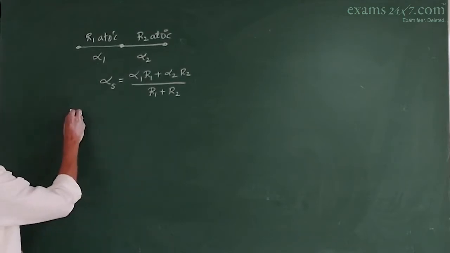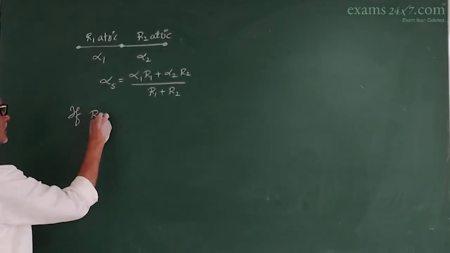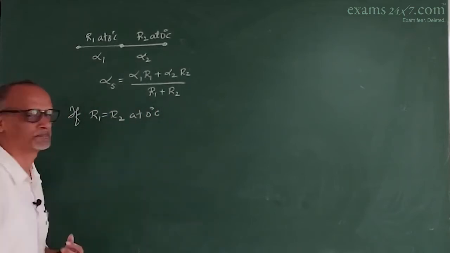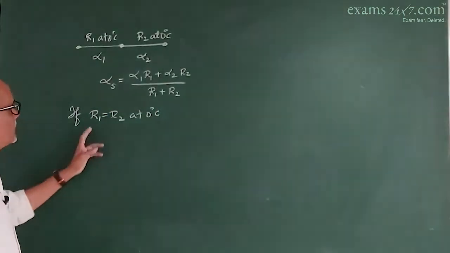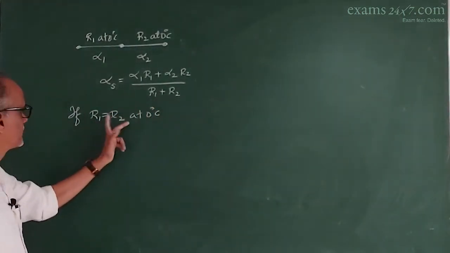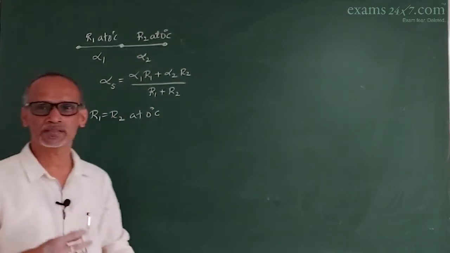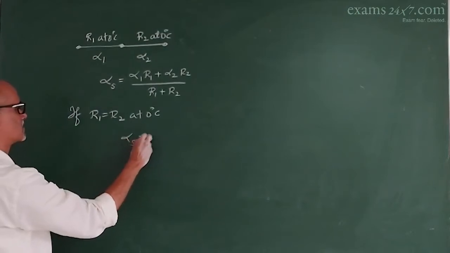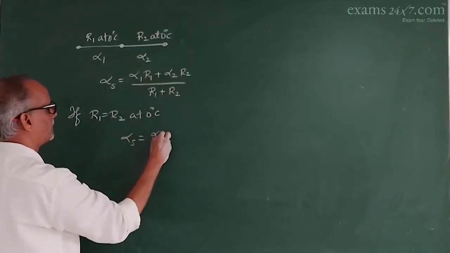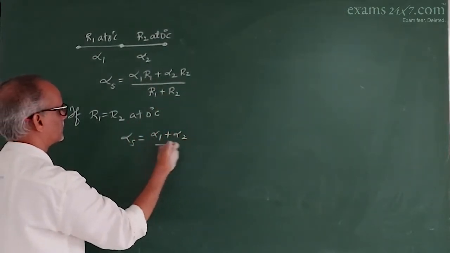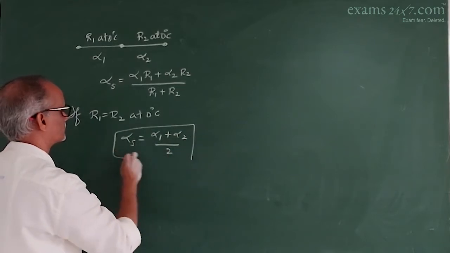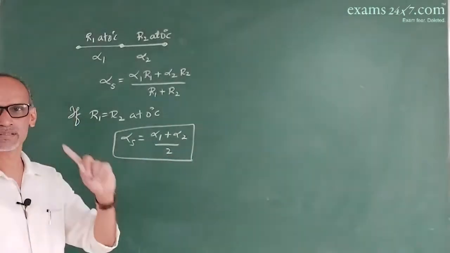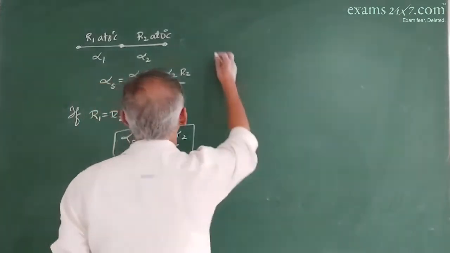If they are different, then we have to use this. Now, if R1 is equal to R2 at 0 degree centigrade, that is, the initial resistances at 0 degree are the same, then we get alpha S is equal to alpha 1 plus alpha 2 by 2. So this is a conditional equation, valid only if they have the same resistance at 0 degree centigrade.